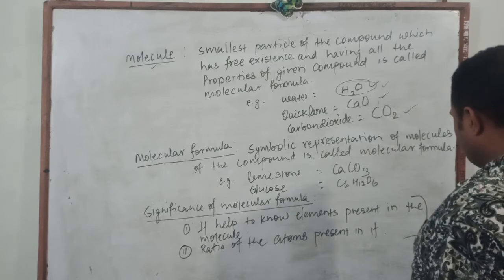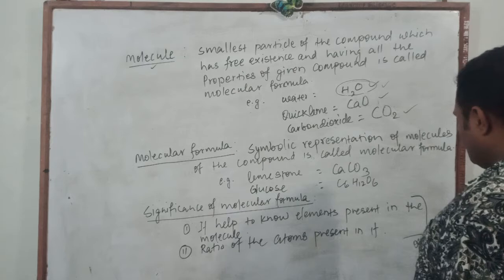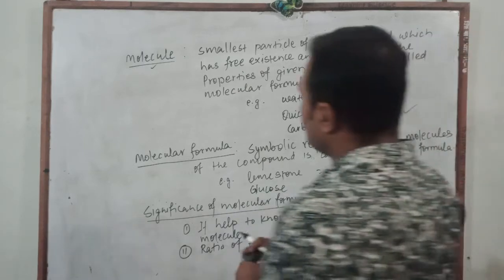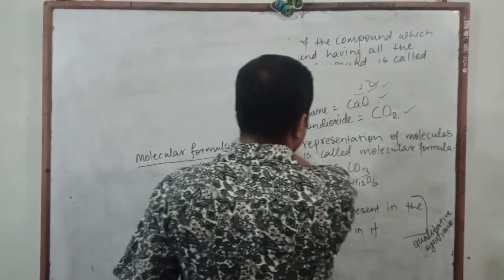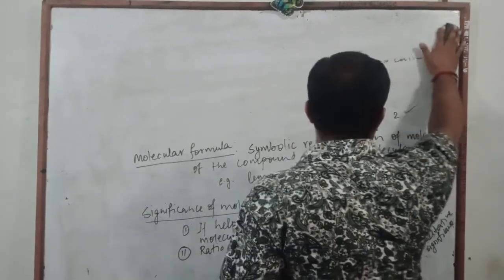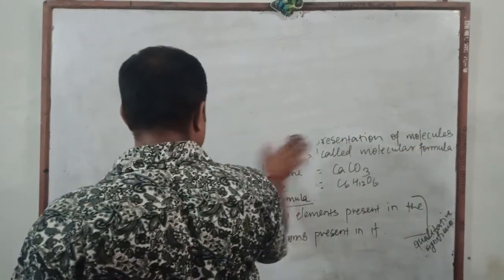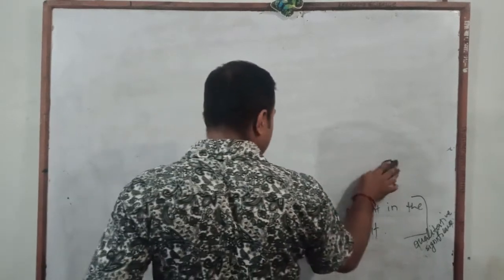If question writes qualitative significance of molecular formula, then we write molecular formula gives which elements are present in it. Other, we can know that here a ratio of elements present in it.